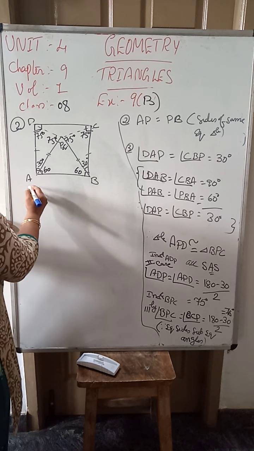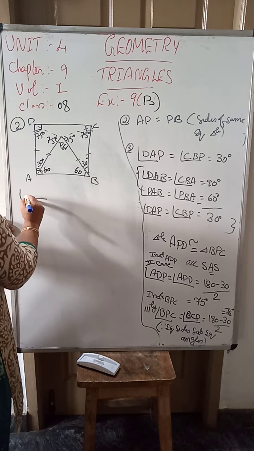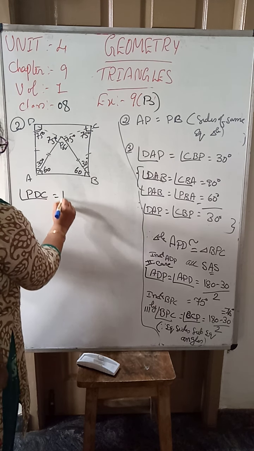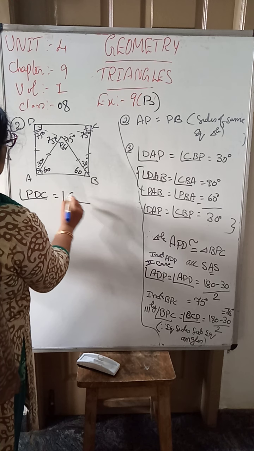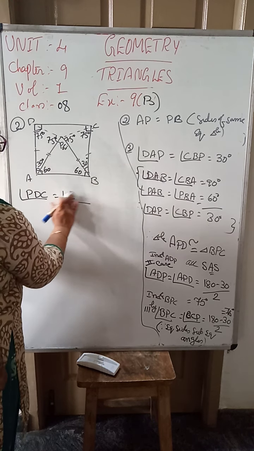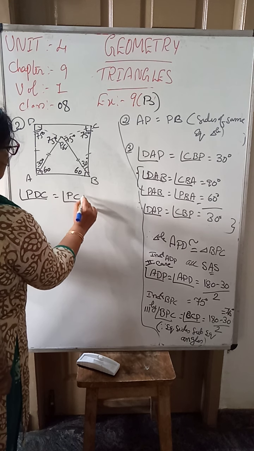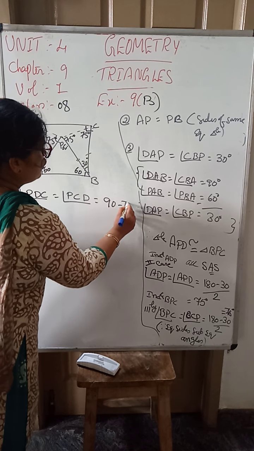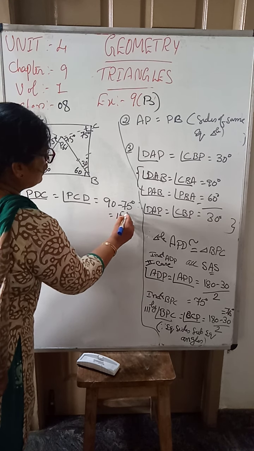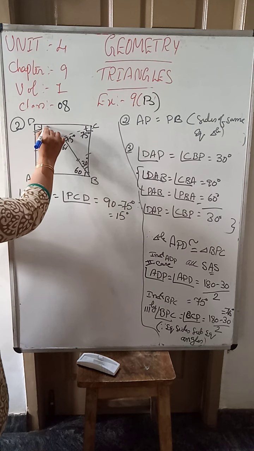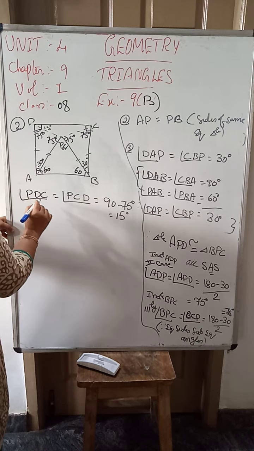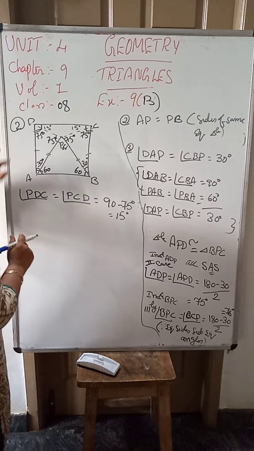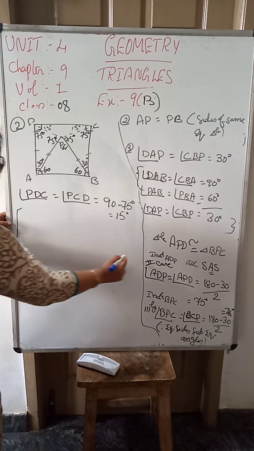Now next, angle PDC is equal to angle PCD is equal to 90 minus 75 degree. That gives you 15 degree. So this is 15 degree and this is also 15 degree. How do you come to know that? Let me give you the reason once again.